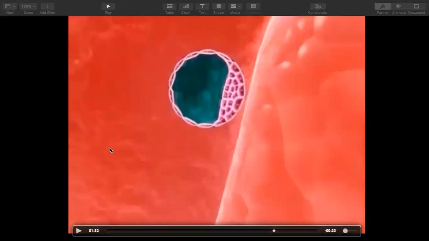So you can see that tubal implantation can happen. So the zona pellucida is accurately hatching.